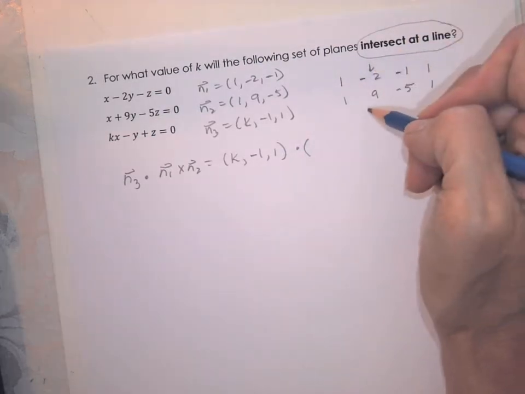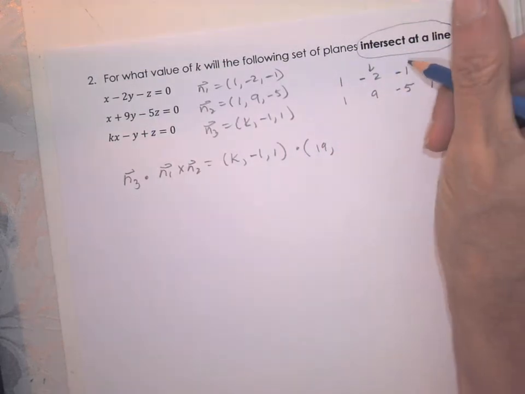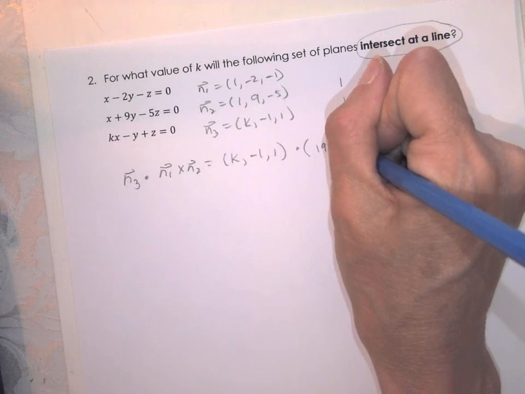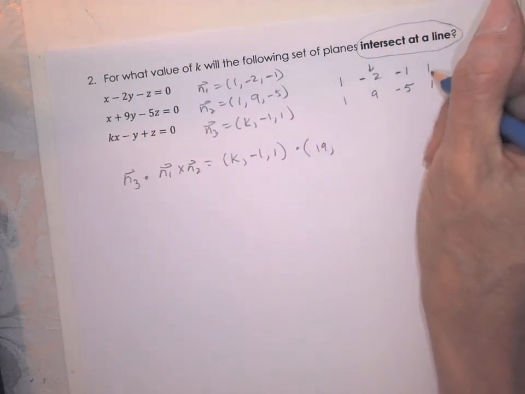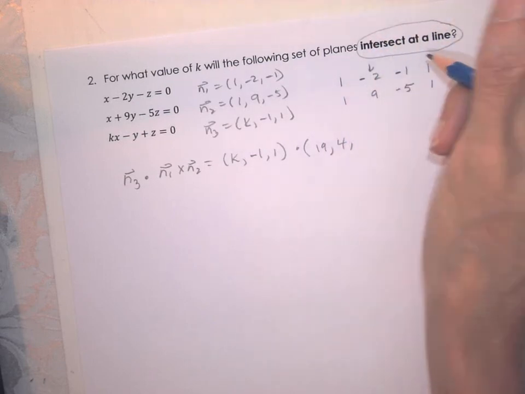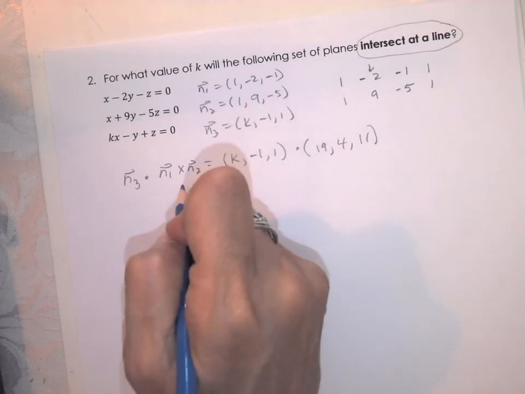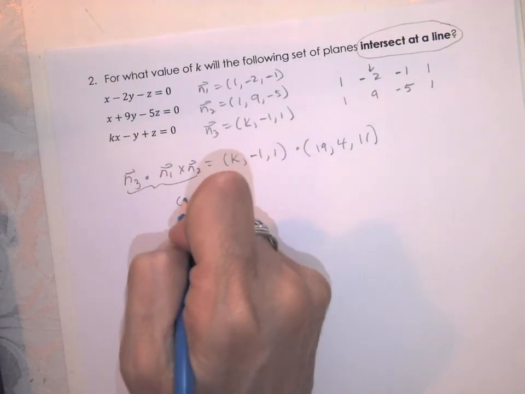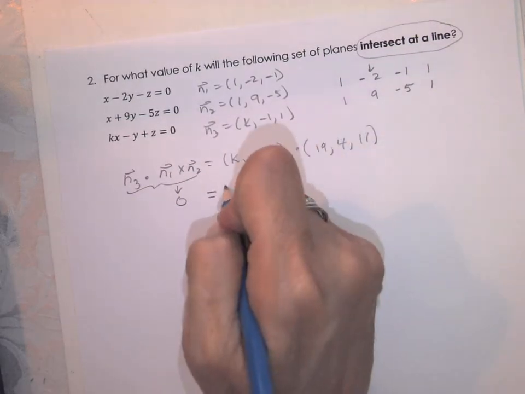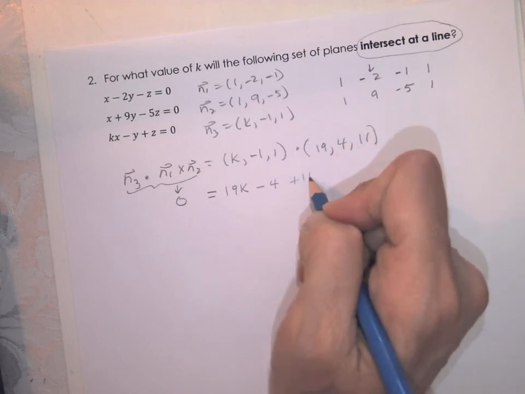So I'd get 10 minus negative 9, which is 19. Negative 1 plus 5, which is 4. And then 9 minus negative 2, which is 11. And we know that this has to equal 0, because the normals have to be coplanar. So I can replace this with 0 and then do my dot product. So 19k minus 4 plus 11 equals 0.